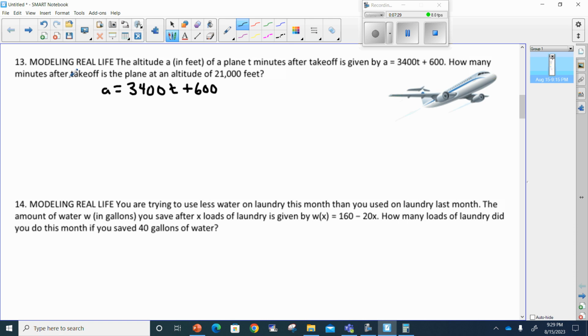And it says how many minutes after takeoff is the plane at an altitude of 21,000 feet. Now remember, the altitude in feet of a plane is this equation. So what we can do is replace A, which is altitude, with 21,000.